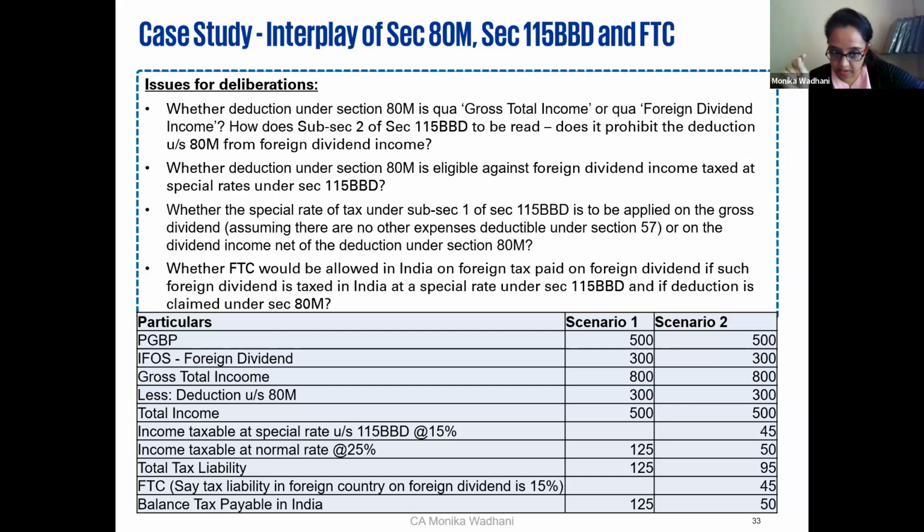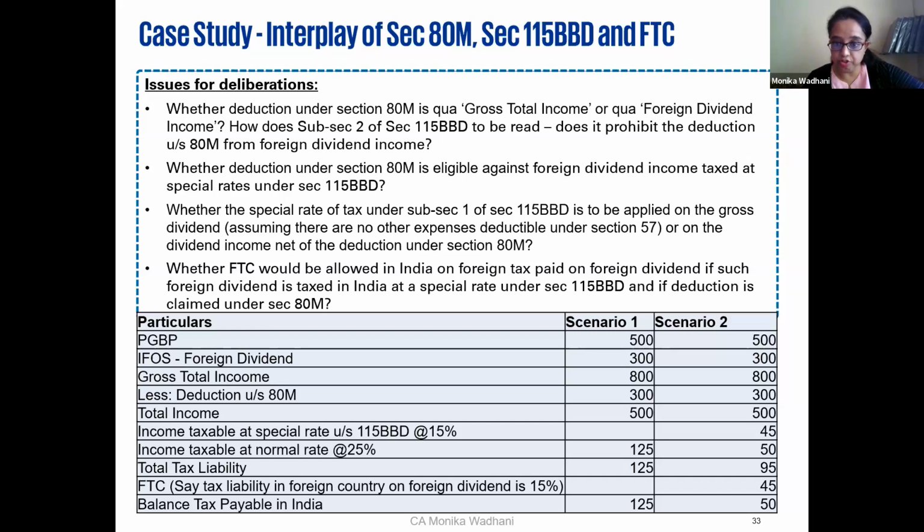So the entire total income, which is 500, is towards PGBP and therefore you need to apply the normal tax rate, say 25%, and 25% of 500 is 125. So the total tax liability comes to 125. And also because this income is not subjected to tax again in India, as you have got entire credit under 80M, there is no question of doubly taxed income, and therefore no foreign tax credit, and therefore 125 is the total tax liability.